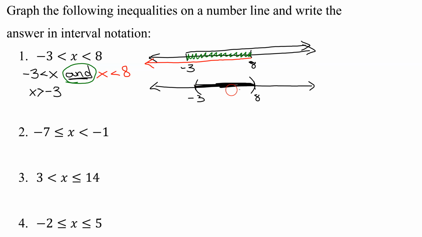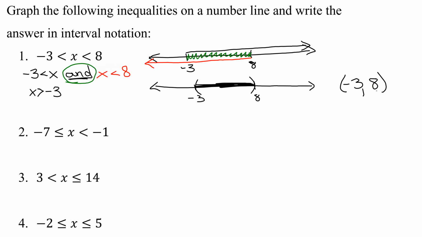So this is my graph: everything shaded between -3 and 8 with two parentheses on the endpoints because they're not included. And so what does my interval notation look like? Parentheses, -3, 8, parentheses. So there is my interval notation.